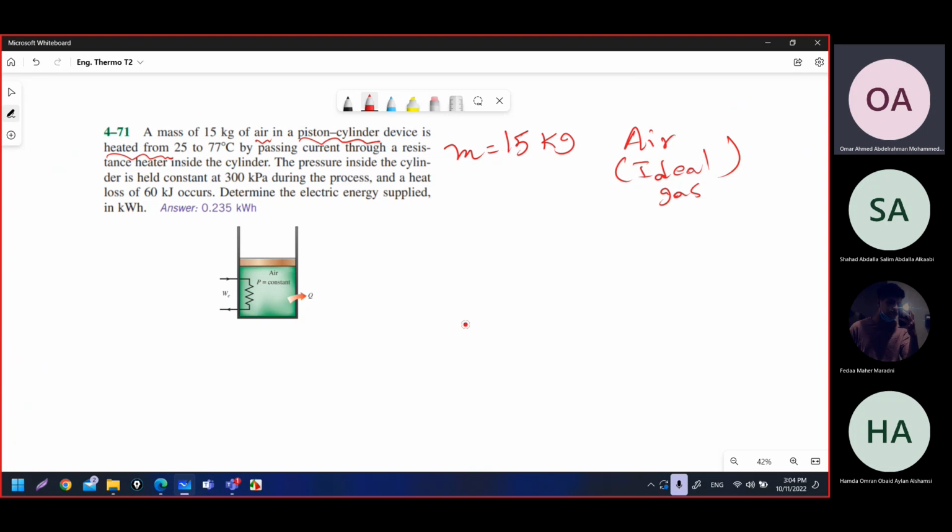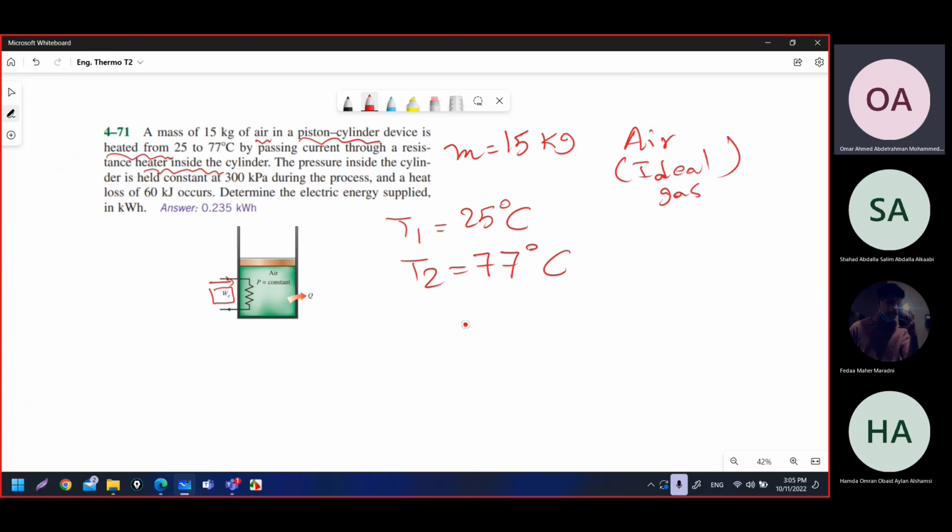So I have T1 is equal to 25 degrees Celsius, and T2 is equal to 77 degrees Celsius. By passing a current through a resistance heater inside the cylinder, there is a work in from the resistant heater on the air. So I have Wn, which is the electric work, We.